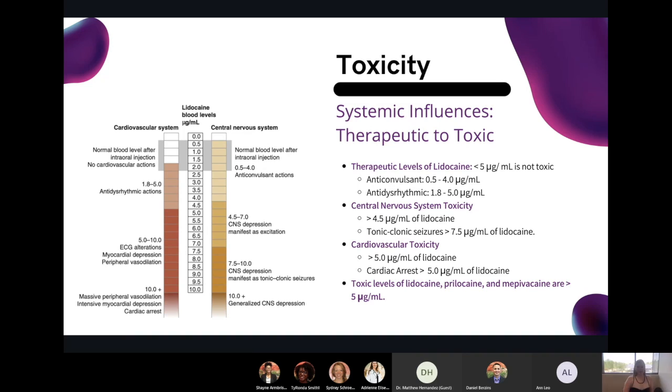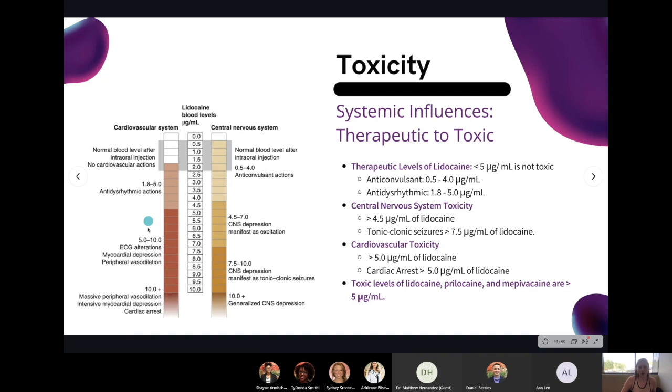CNS toxicity happens when cerebral blood levels are greater than 4.5 micrograms per milliliter, and tonic-clonic seizures generally happen at around 7.5 micrograms per milliliter. Cardiovascular toxicity occurs at greater than 4.5 micrograms per milliliter, and cardiac arrest generally occurs at levels greater than 10 micrograms per milliliter.